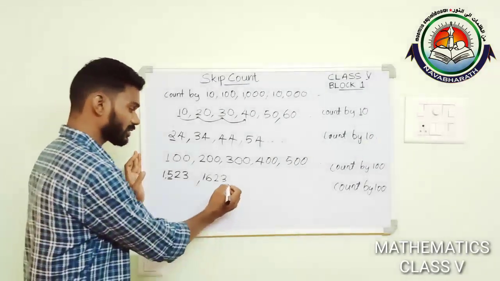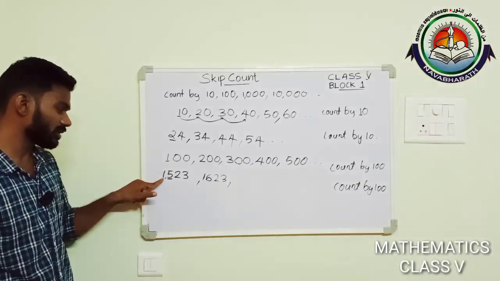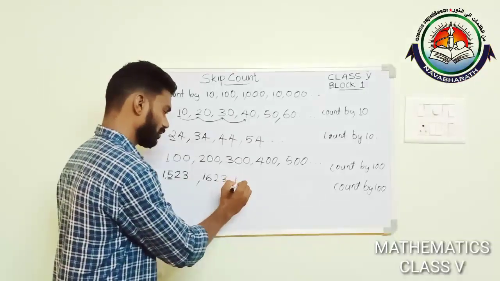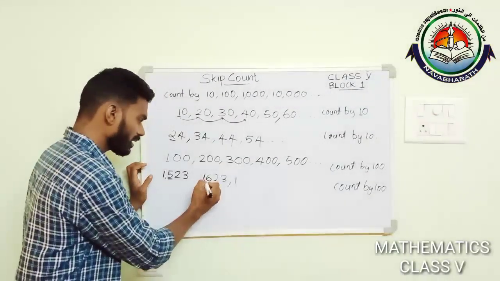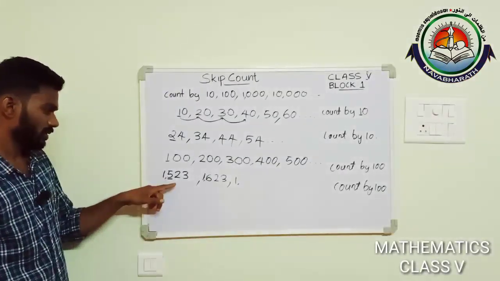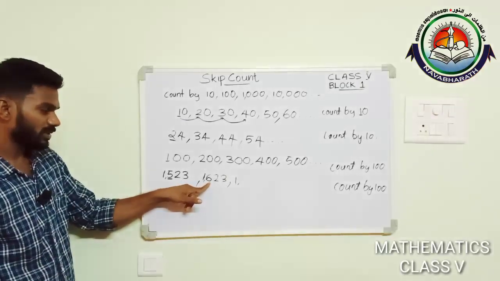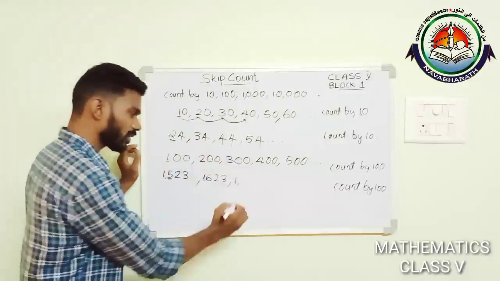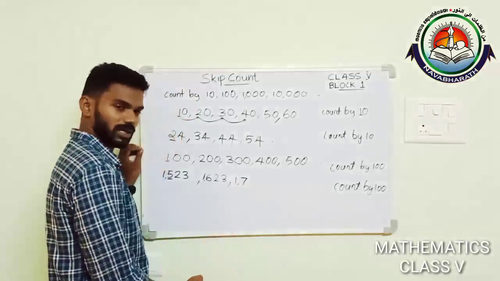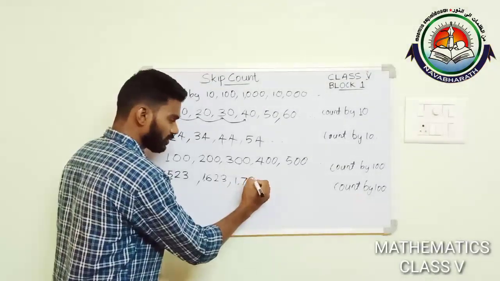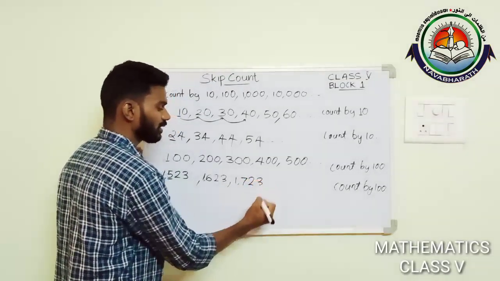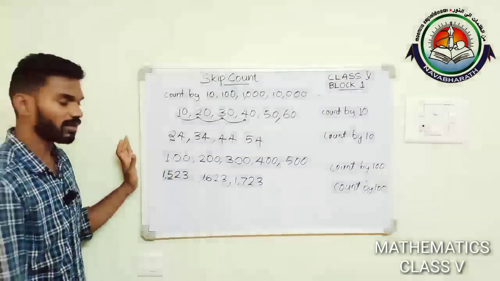Can you say the next number? There is no change for 1. Thereafter a comma. Then this 6 is increased by 1, which would become 7. Then 2. Then 3. There is no change for other digits.